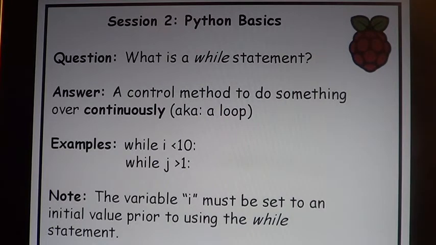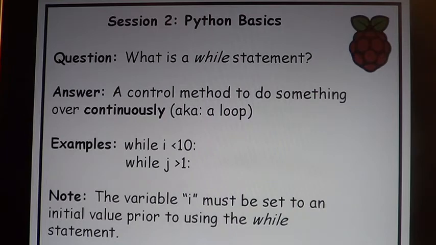So the first one, we have while i is less than 10. We stay in the loop, and we have a little counter that continues to increment, and when the counter is less than 10, it allows us to stay in the loop. Once we're greater than 10, then we'll jump out.